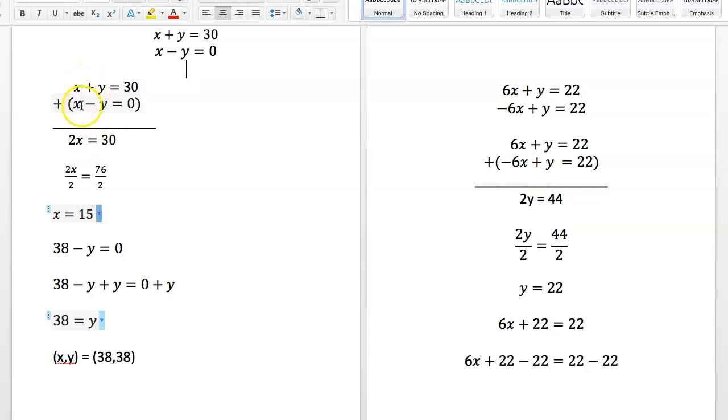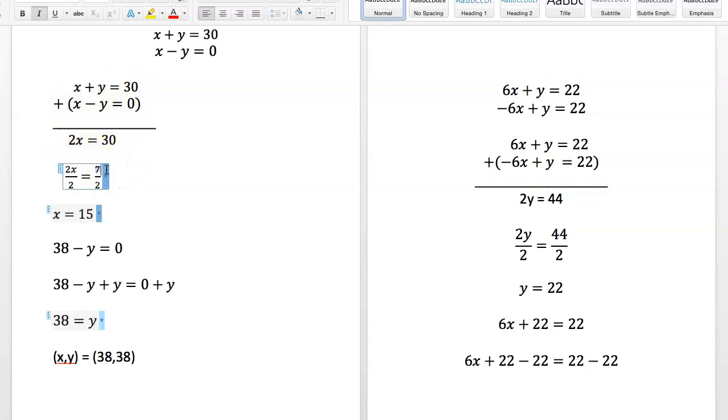So if I add these two equations, I get x plus x is 2x. Positive y and negative y, that was the whole reason for doing this process. They cancel. Now 30 plus 0 is very nice. That's just 30. So there we are. 2x equals 30.